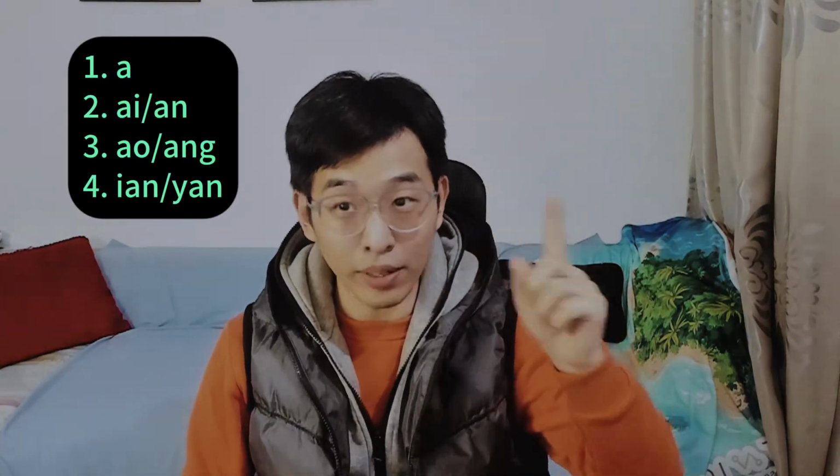第一 the first one, like heart, box, that O in American English, right?